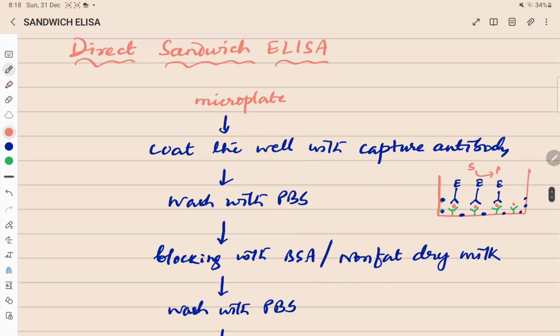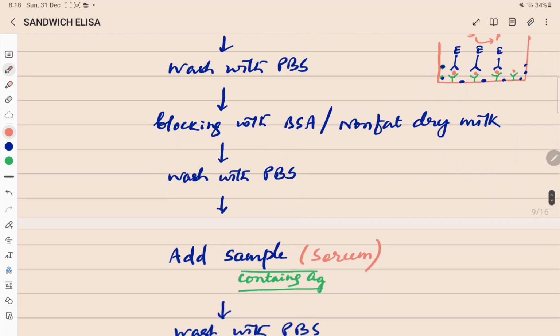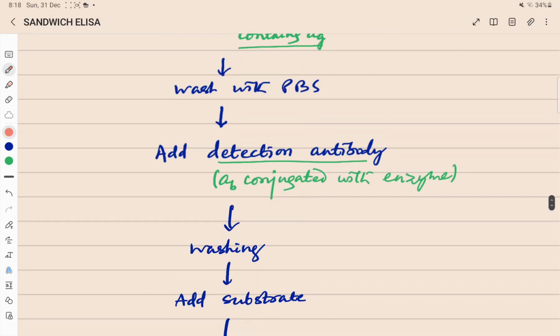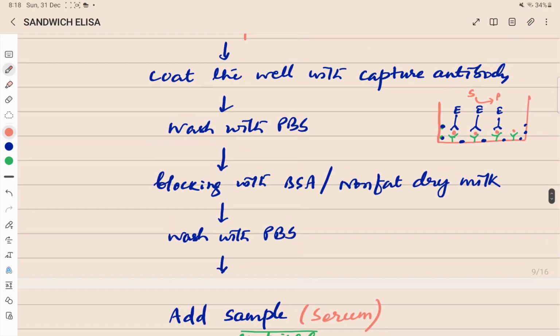The antigen is captured between the capture antibody and the antibody conjugated with the enzyme. Now for indirect sandwich ELISA, the same figure, suppose we show it here.